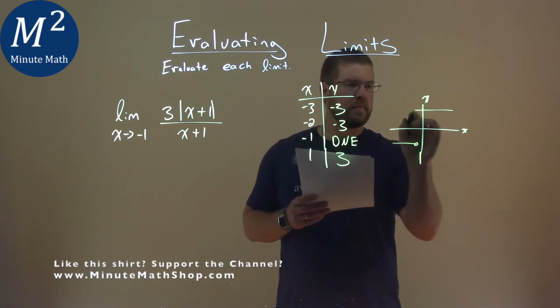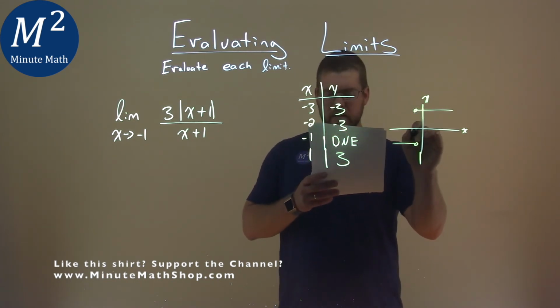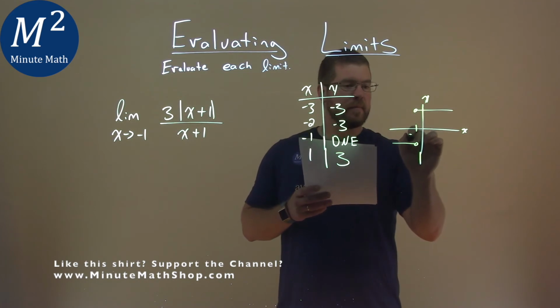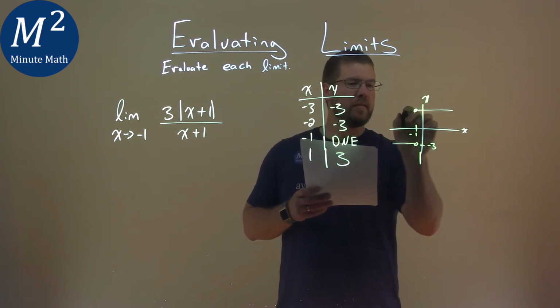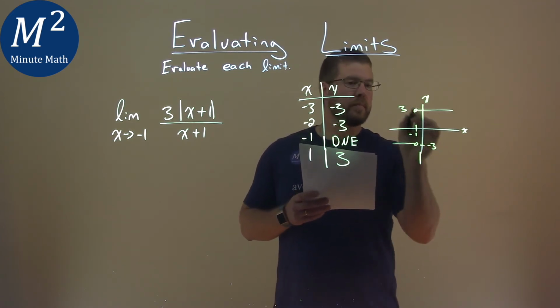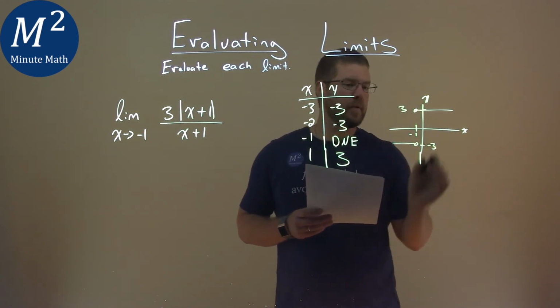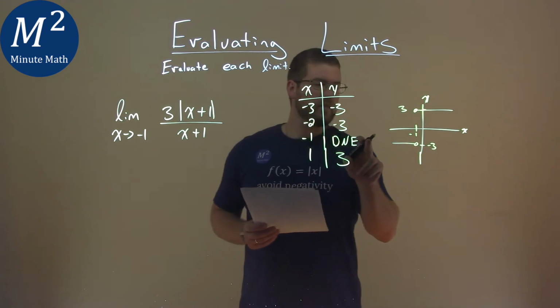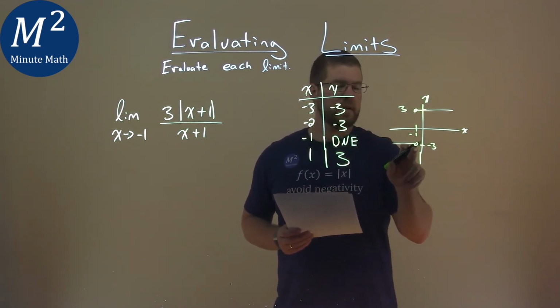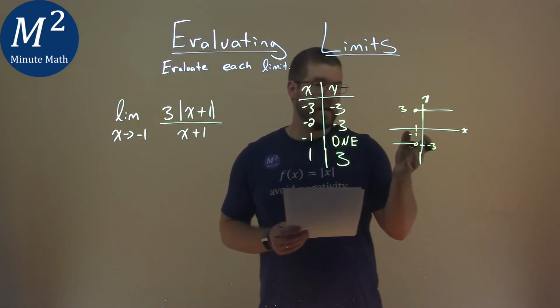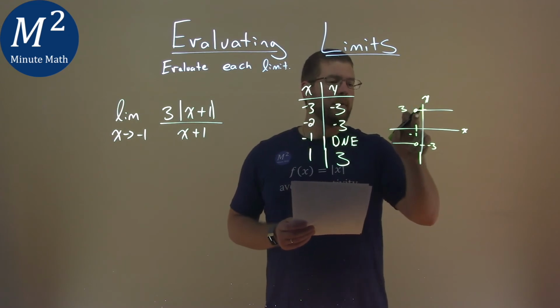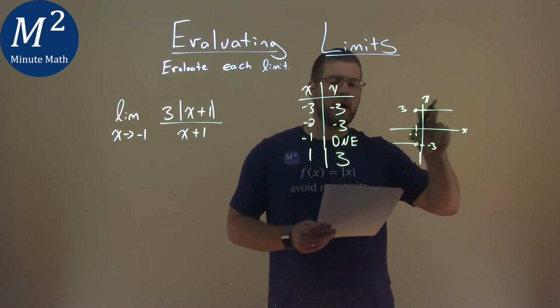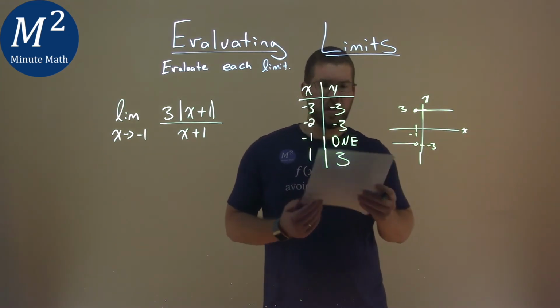And this is at a negative 1, and this is a negative 3, and this is a positive 3 up here for the y value. So if we approach from the left, it's always going to be a negative 3, and then there's nothing there at negative 1, and then it jumps, and for x greater than negative 1, it's a positive 3.